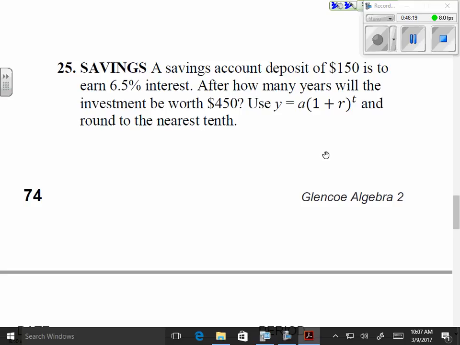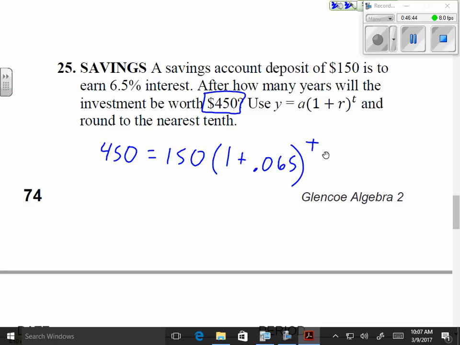So y is going to be the amount at the end, which we want to be $450. We're only going to put in 150, so that's our original amount. The rate is not going to change. It'll be 6.5%, which is 0.065. We need to know how long that's going to take. So we're going to solve for t.